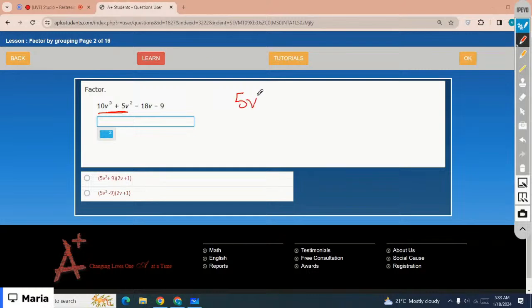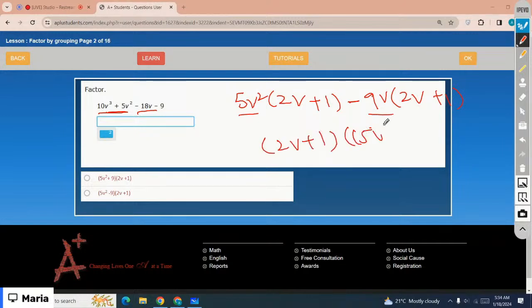From here we can take common 5v squared, so you are left with 2v plus 1. From here you can take common negative 9v, and that is 2v plus 1. So that is 2v plus 1 and 5v squared minus 9v.